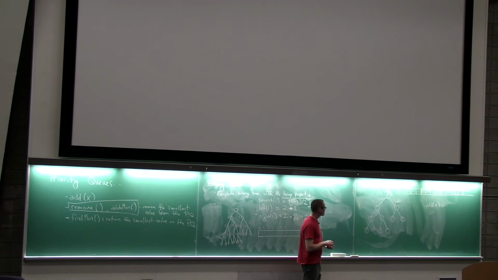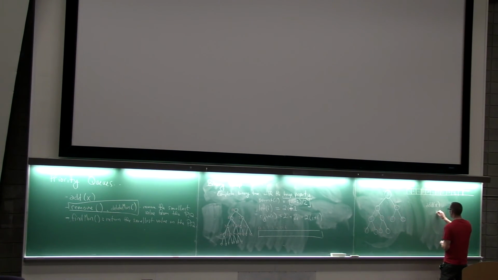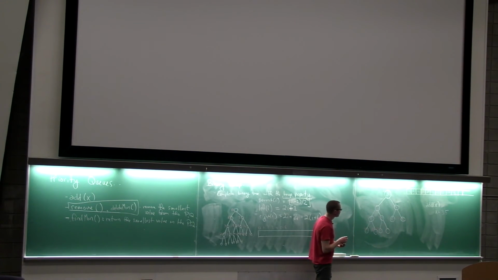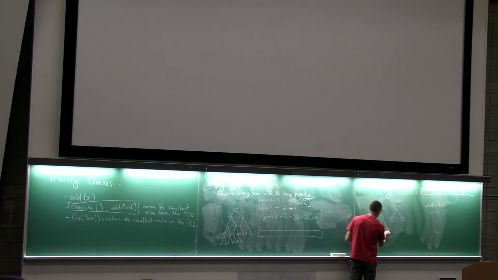And we're going to put x in there, so let's choose x equal to 3.5. So, we want to put 3.5. Well, we might as well put it there for now.